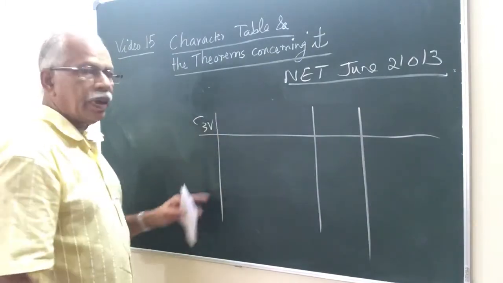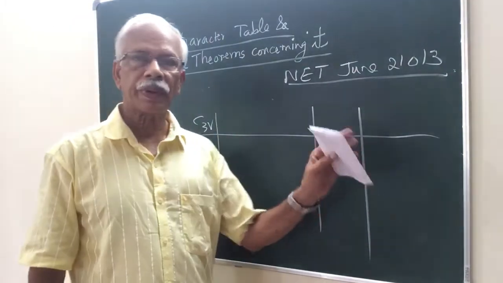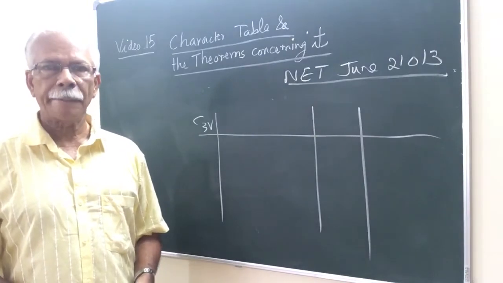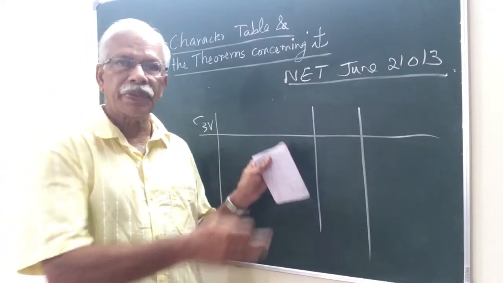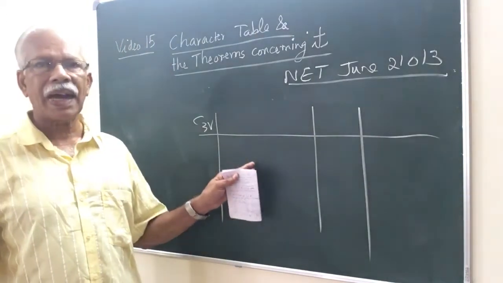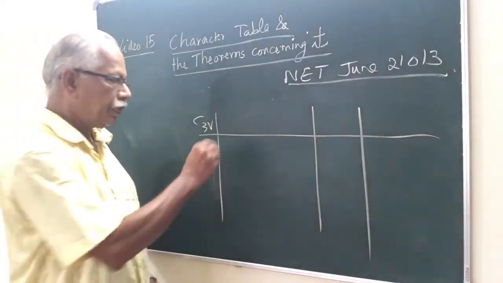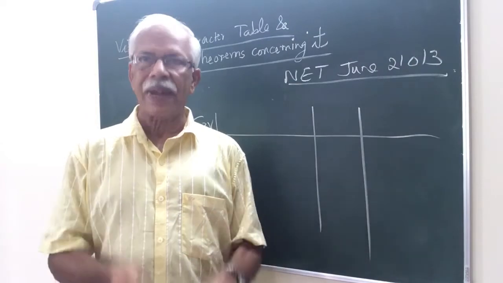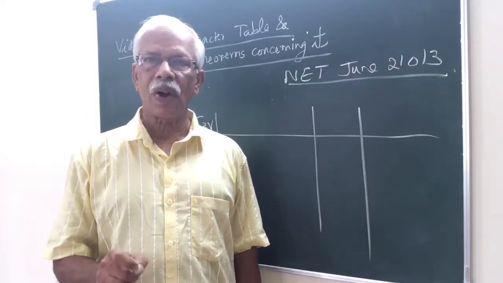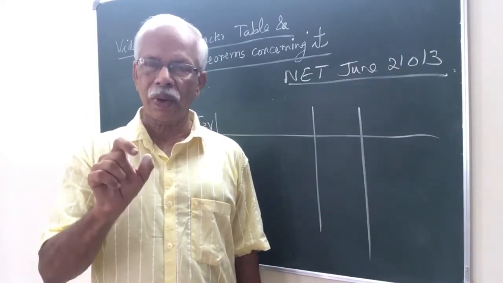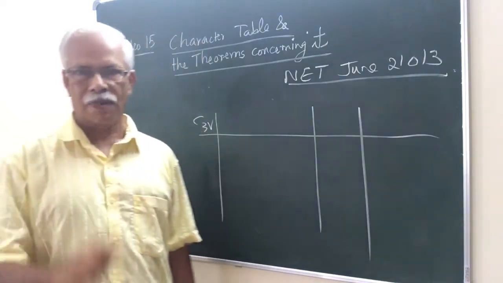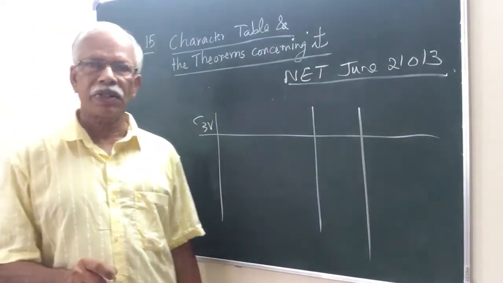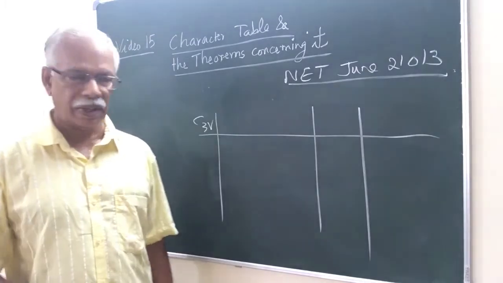C3v has 6 operations, but there are only 3 entries in the character table because all operations belonging to the same class have the same character. So there is a need for just one column for all operations which are conjugate to one another.